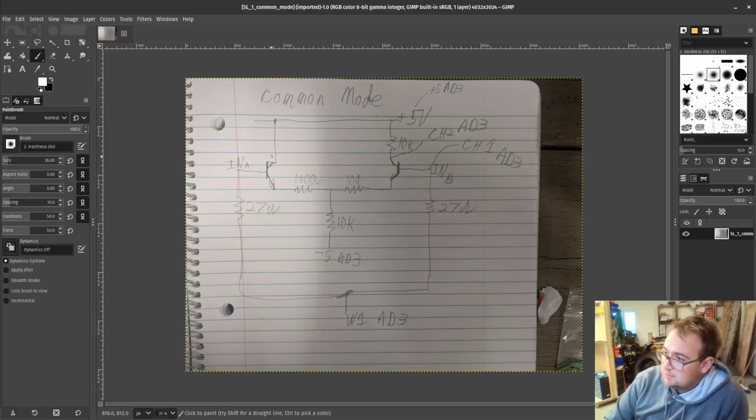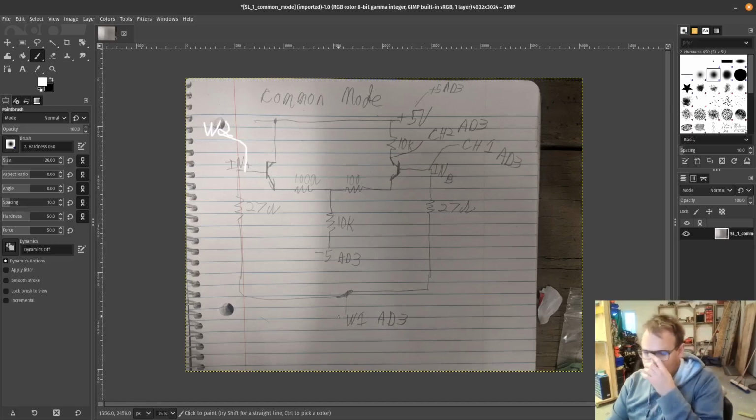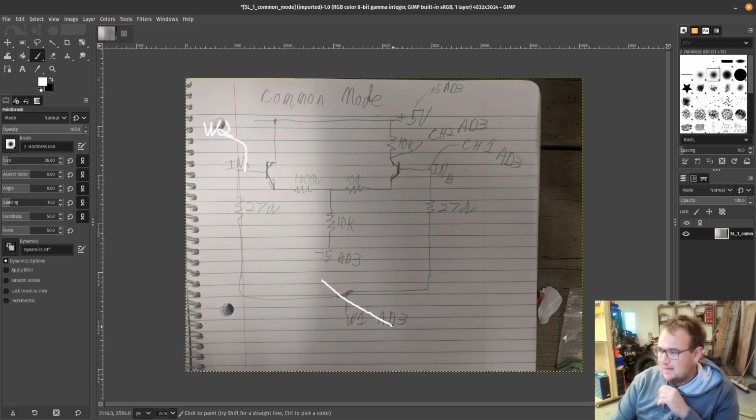I'm going to point out some things that might be confusing. First of all, wave function generator 2, I connected here. This is where W2 gets connected, right there. The wave function generator 3, to get the proper differential waveform that I wanted, I crossed out.